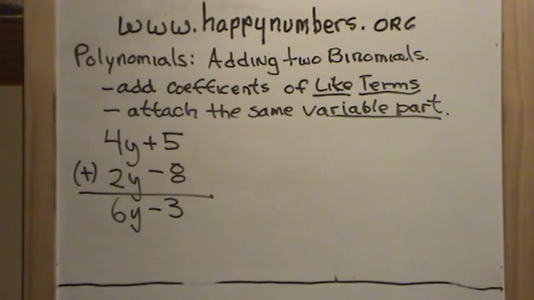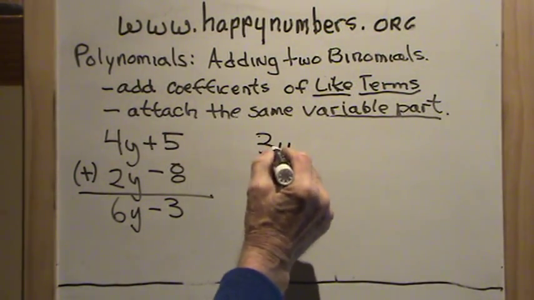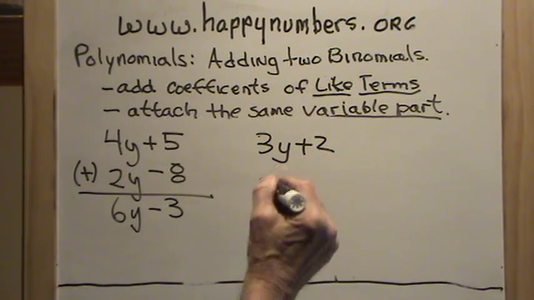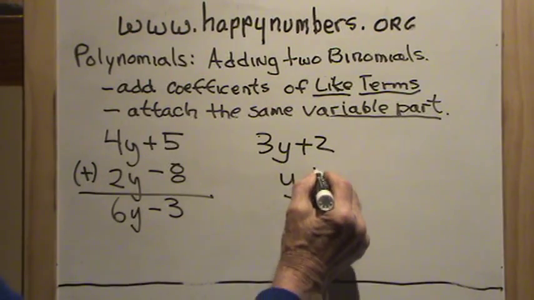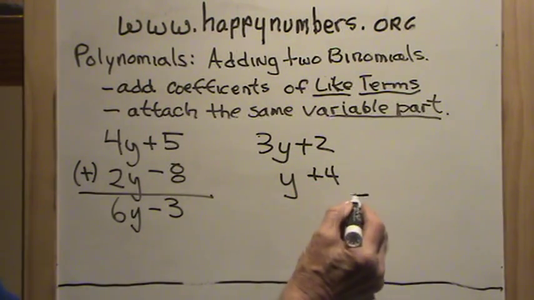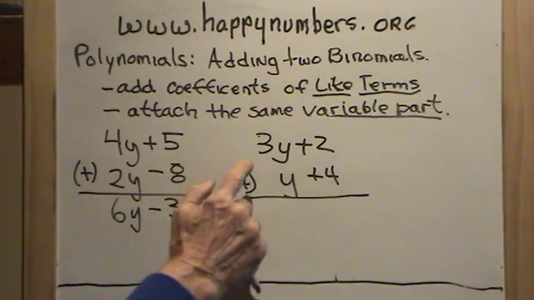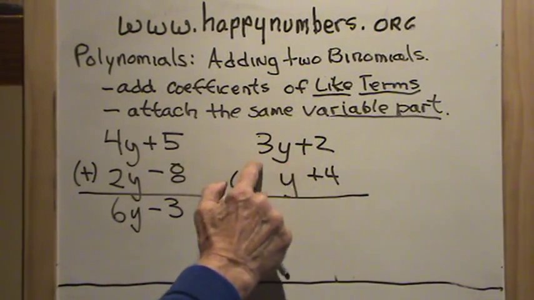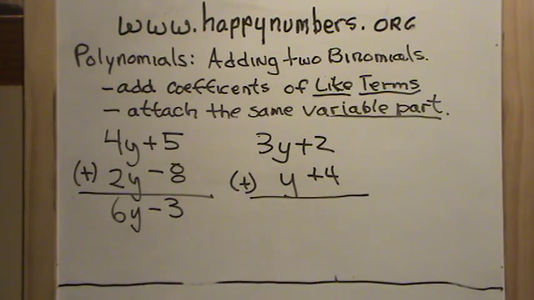So let's try a couple here. 3y plus 2 and y plus 4, and we're adding these. Both of these are binomials. Okay.